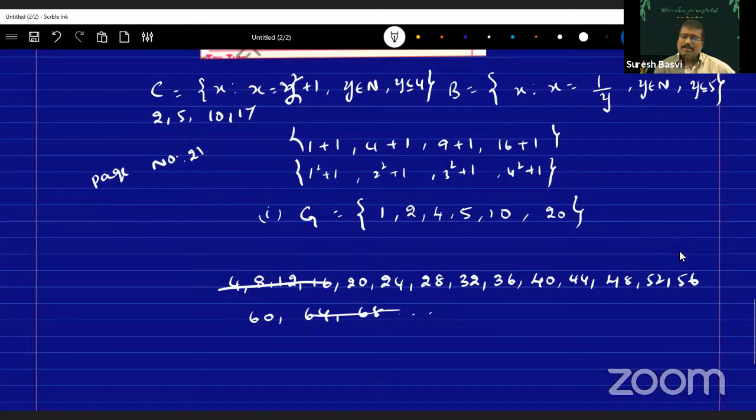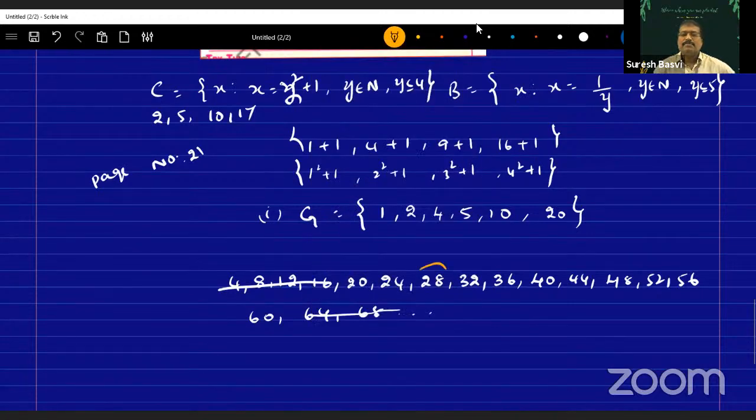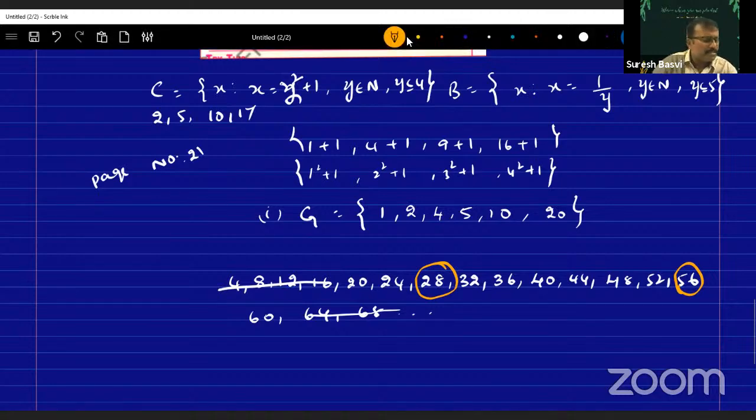Of these, 7 multiples are, I think I am going to take another color. 7 4 is 28. Next, 7 8 is 56. 7 3 is 21, 7 4 is 28, 7 5 is 35, 7 6 is 42, 7 7 is 49, 7 8 is 56. Okay?